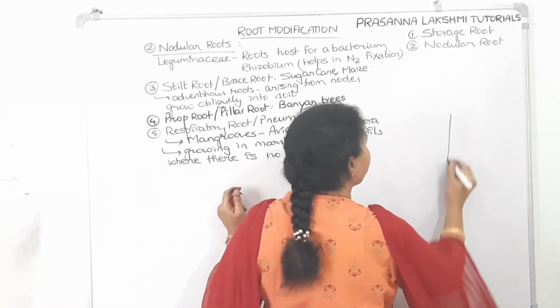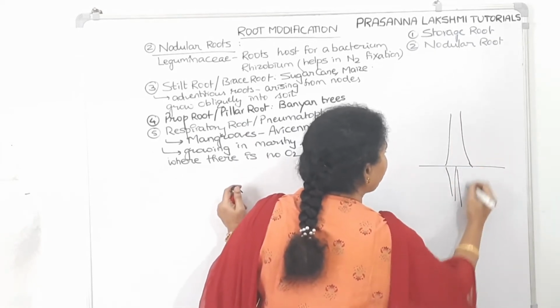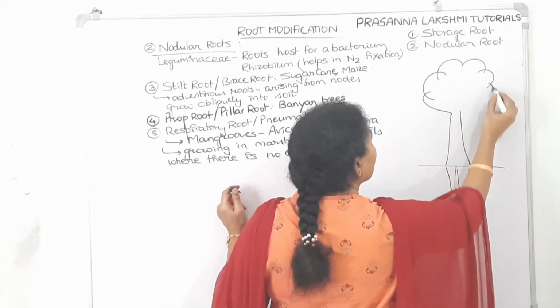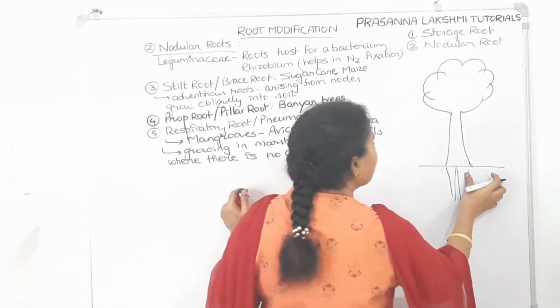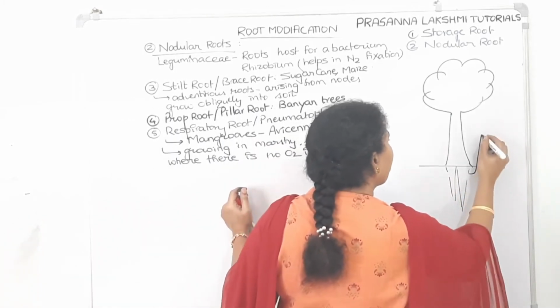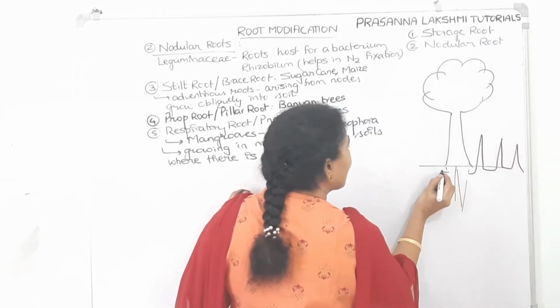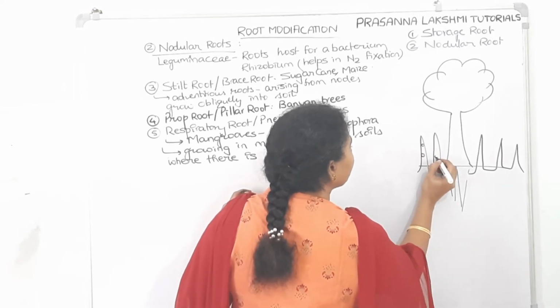Let's draw a plant. This is the plant and these are the tap roots it is having. And the plant, since it is growing in waterlogged soil, some roots will come up. And they have holes also on them.